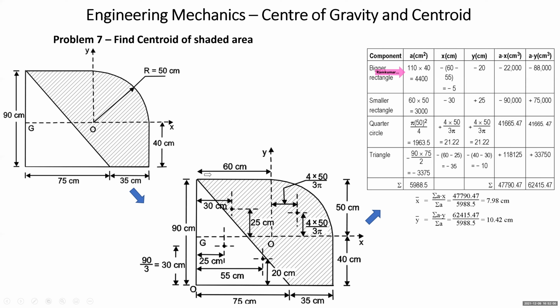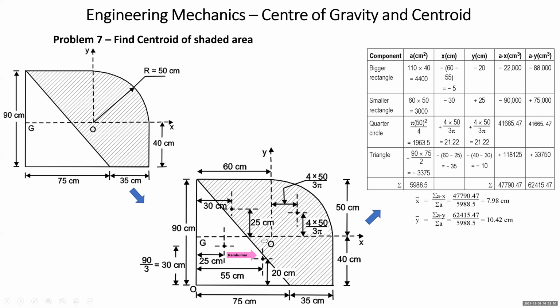This edge is at 60 and centroid is at 55. That means this point, centroid of this rectangle, is still left of y-axis by 5 centimeter, because this dimension is 60 and this dimension is 55. So this is going to be minus 5. I wrote it 60 minus 55, minus since it is on the left of y-axis.